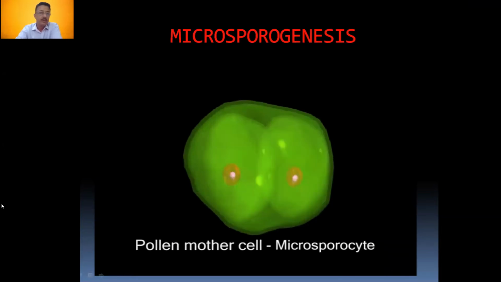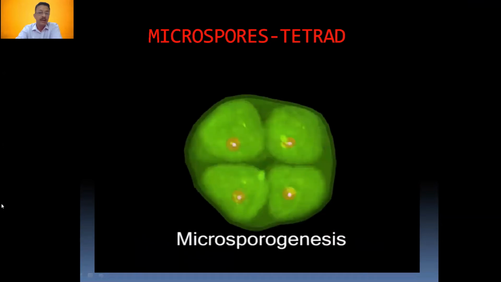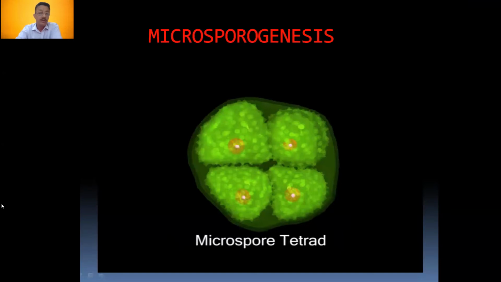Now meiosis takes place. Two cells are formed in the first meiosis, and the second meiosis goes from two to four. The microspore mother cell gets divided into four microspores. These four microspores are also called a microspore tetrad.